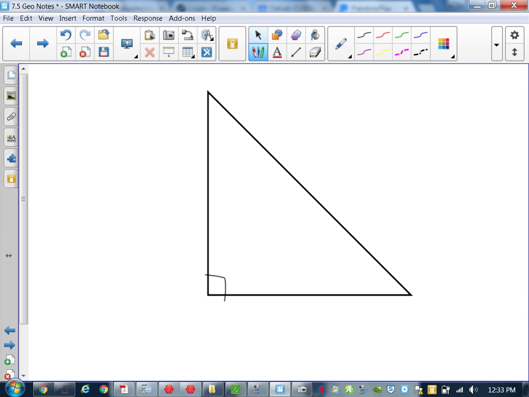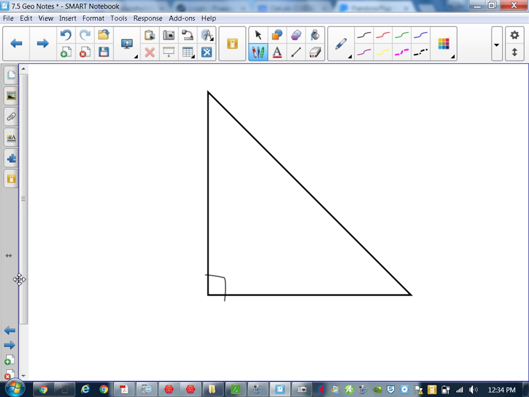So if you start with a right triangle, no matter what, you know two things in every right triangle. The first thing is easy. You know where the right angle is because of that little square box. And the only other part of the right triangle you always know is what? The hypotenuse. Very good. Where's the hypotenuse?